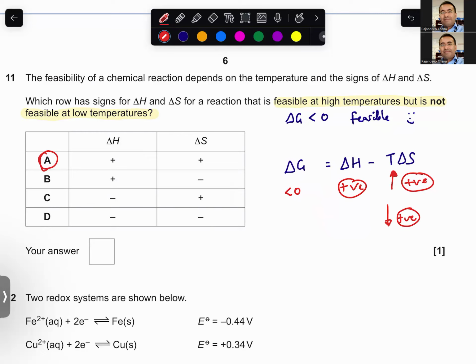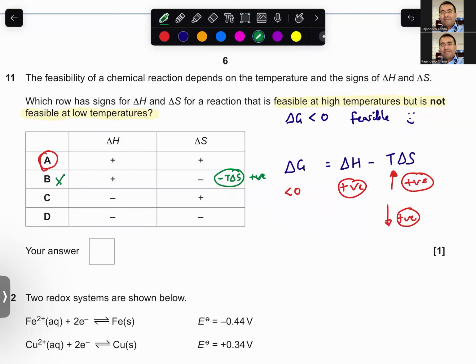Let's look at the others. Let's look at B. B is delta H negative. You see, if delta H is negative, minus T delta S will always be positive, always. Positive, and another positive will just make it positive. Delta G will be positive.